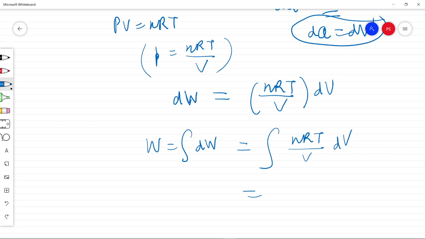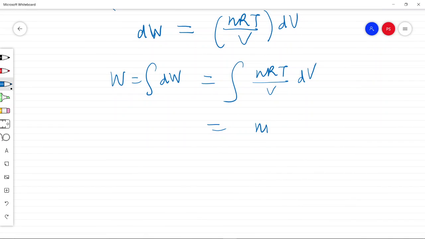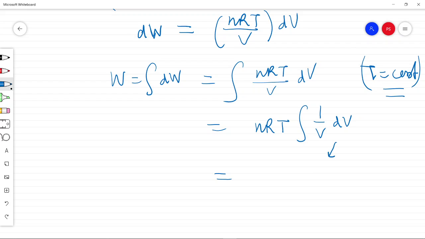Now note that n and R are constants anyway, so they are taken outside the integral. And if the process is isothermal, temperature itself is also a constant, so it again comes outside the integration, and we are left with integral 1 by V dV. And we know that this integral is just log V. Of course, this is a process, so volume must change from some initial value V1 to final value V2. So the limits appear here as V1 and V2.